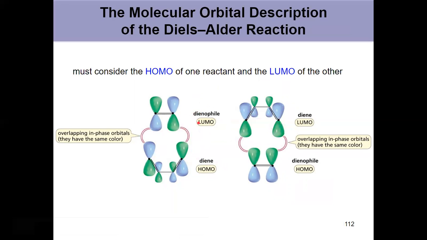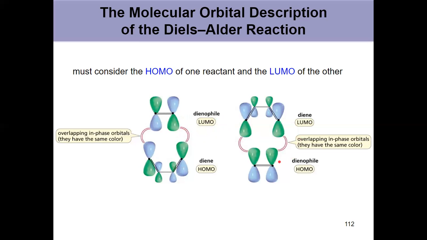We need the orbitals from the HOMO, the highest occupied molecular orbital of the diene, to overlap with the orbitals of the LUMO, the lowest unoccupied molecular orbital in the dienophile, for the electron transfer to occur. See the orbital overlap there.